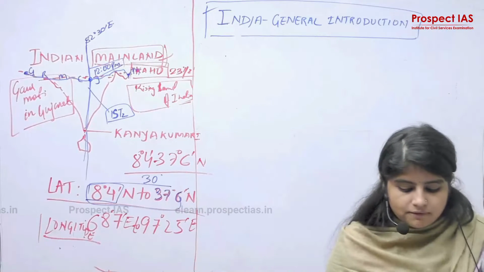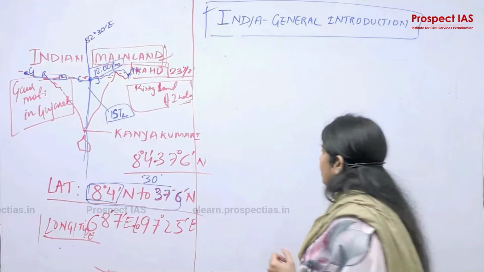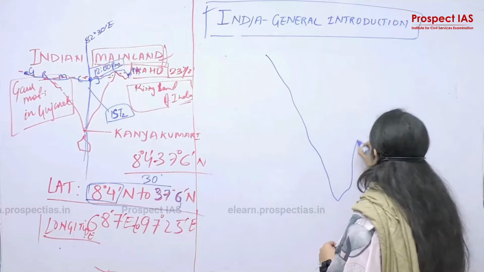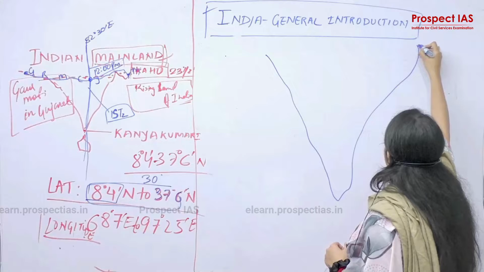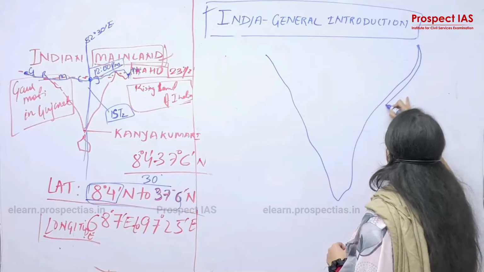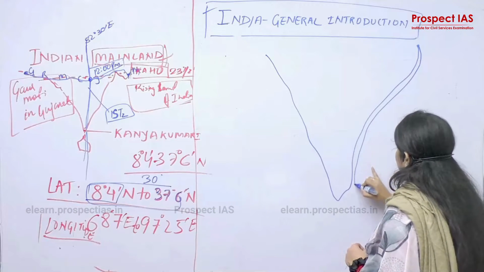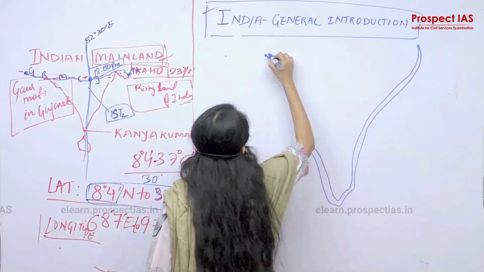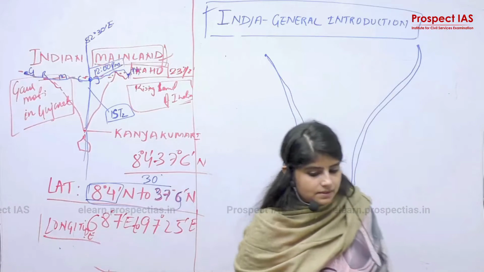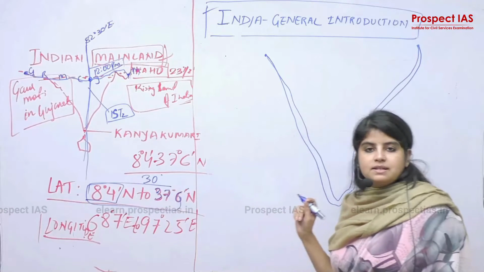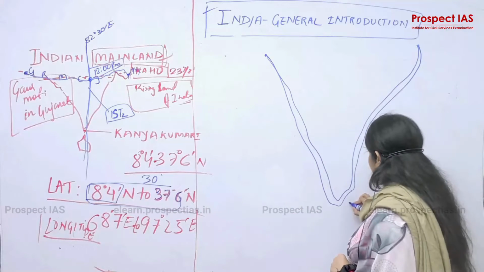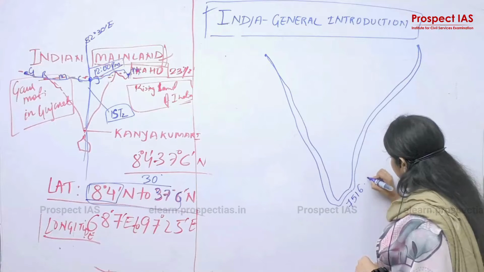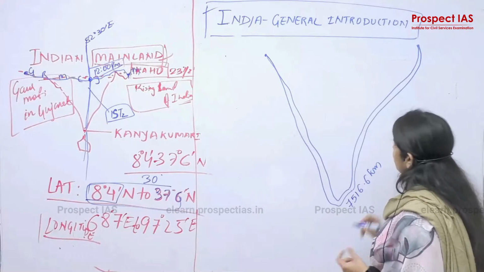So the vast coastline of India, this is how it starts. A vast stretch of coastline from West Bengal itself to Gujarat is 7,516.6 kilometers.